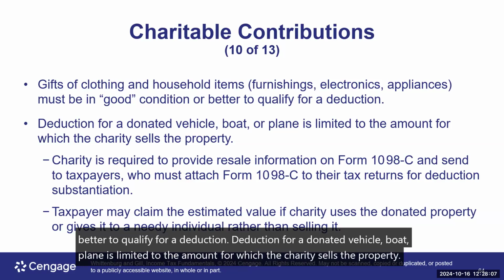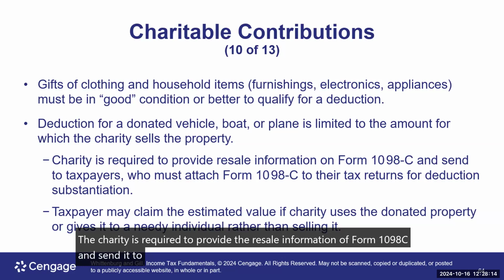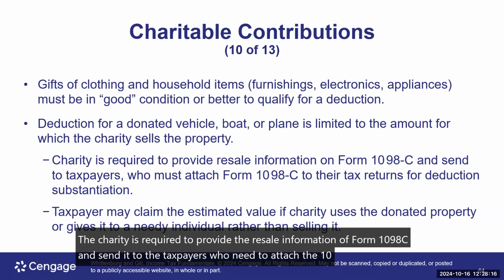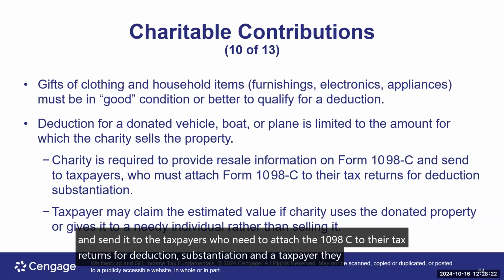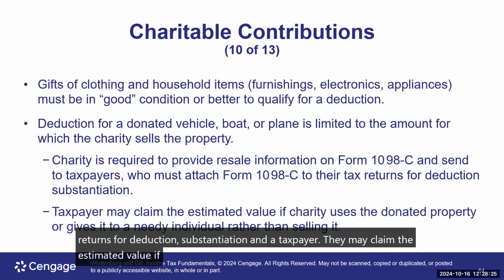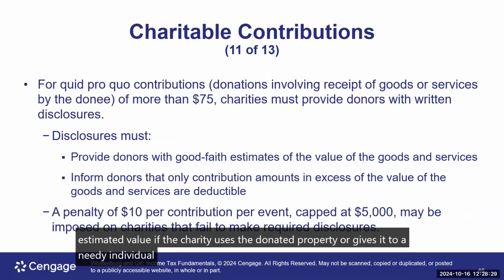The charity is required to provide the resale information on Form 1098-C and send it to the taxpayers, who need to attach the 1098-C to their tax returns for deduction substantiation. A taxpayer may claim the estimated value if the charity uses the donated property or gives it to a needy individual rather than selling it.